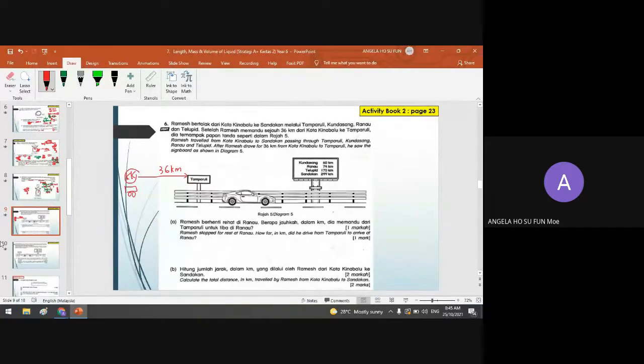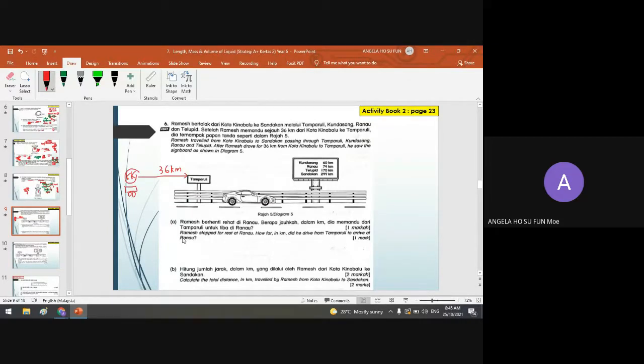I hope you understand the situation. He drove from KK to Tampaluri first, this is already 36 kilometer, not counted here. Only from Tampaluri, assume that he is looking at the signboard here.